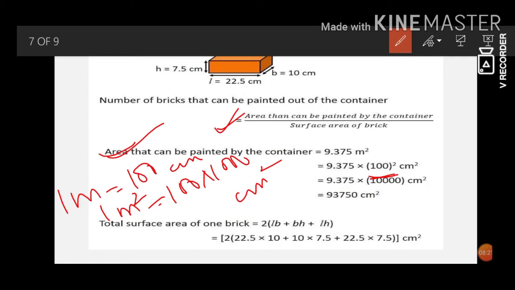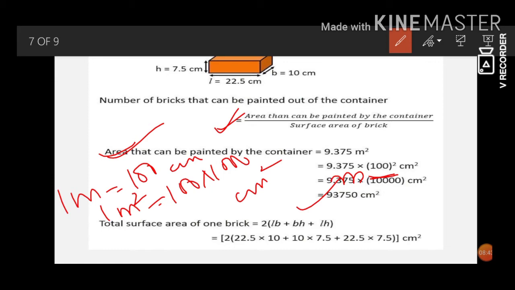On multiplication by 100 square, there will be 4 zeros, so the point will jump 4 times. So we will get 93750 centimeter square. This is the area that can be painted by the paint from the container, and the unit is centimeter square.